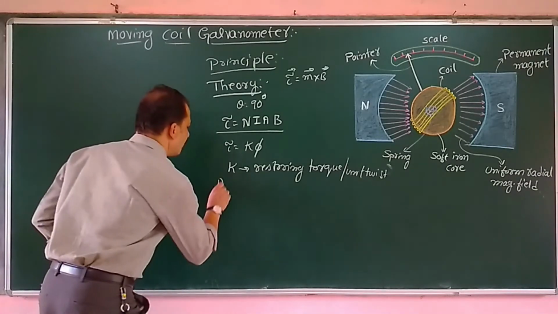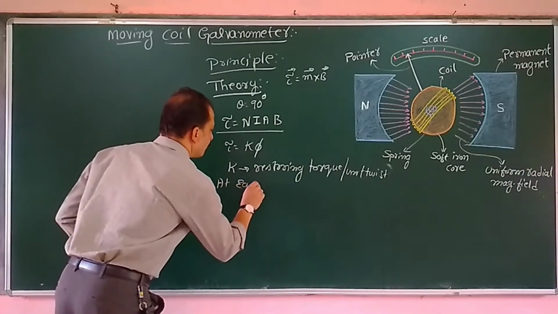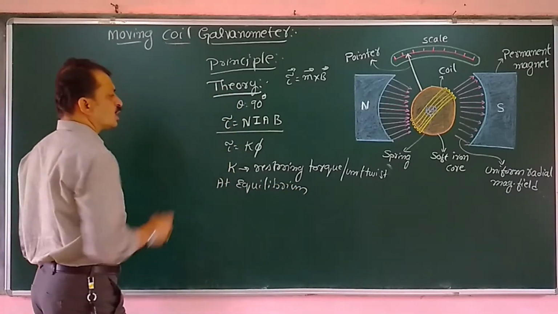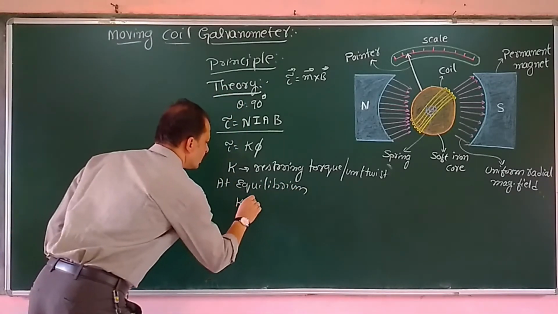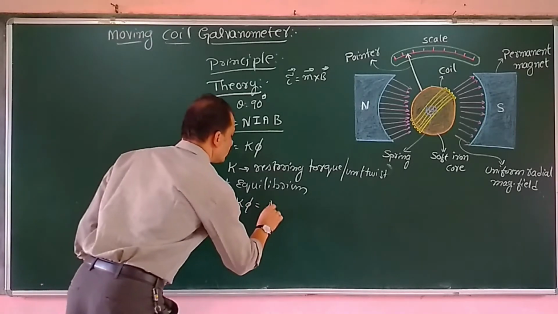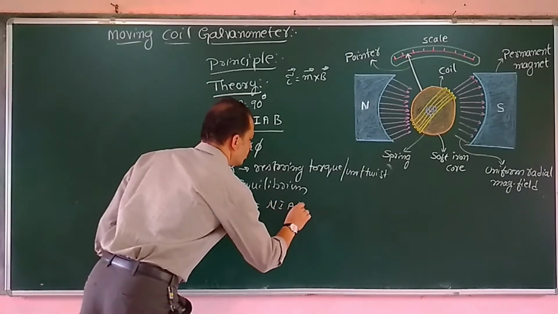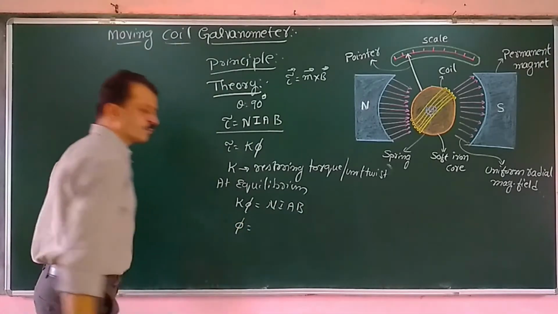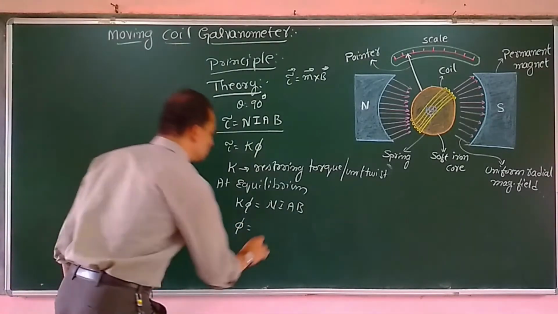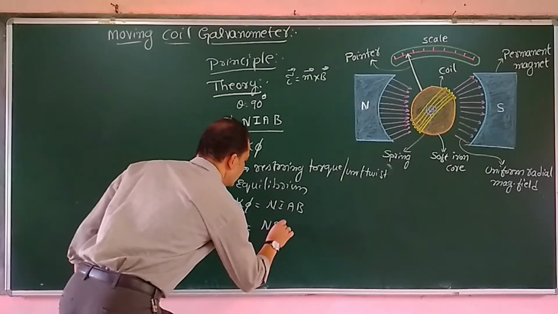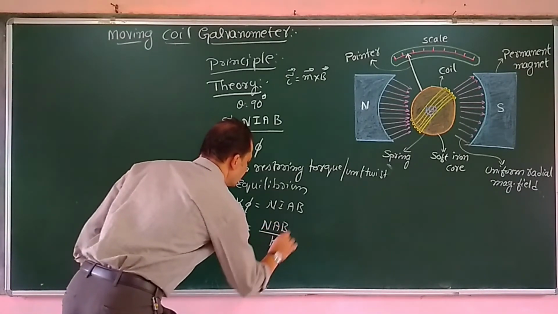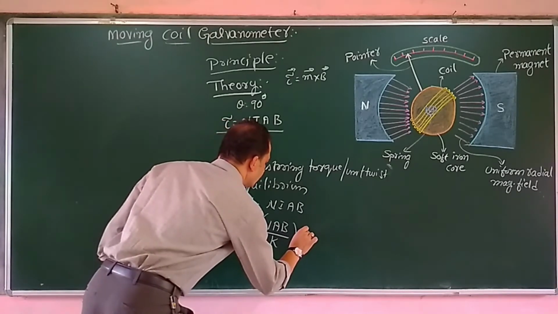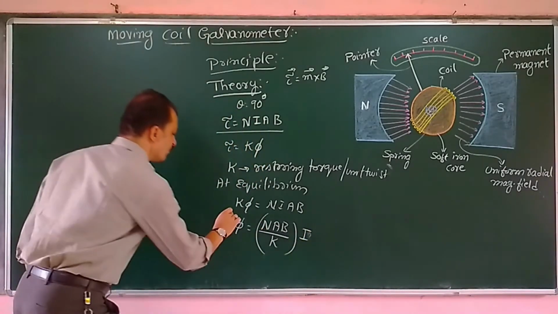So at equilibrium, these two torques are equal, therefore K into phi is equal to N into I into A into B. I want phi only. Phi is equal to N A B divided by K into the current I.